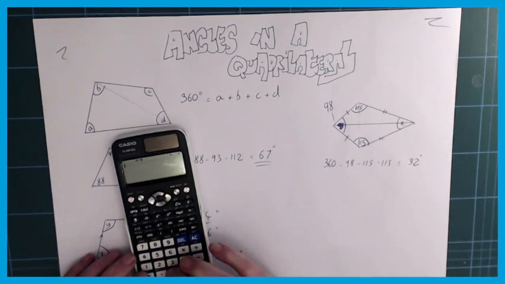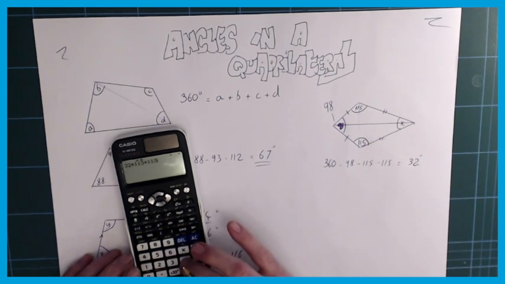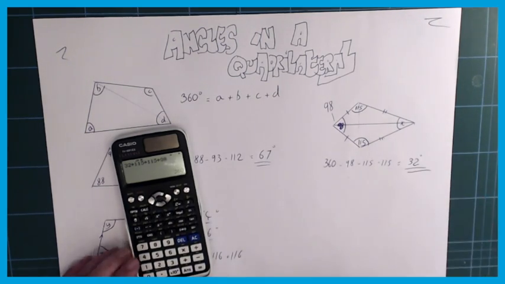Final check, 32 plus 115 plus 115 plus 98 equals 360. We know we've got that right.